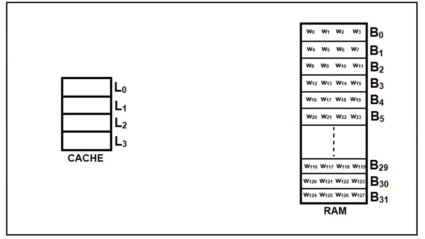Now let's understand how the processor will fetch a word from the cache with an example. Suppose the processor needs the W17 word. How will the processor fetch it from the cache? Here the total address length is 7 bits, so this is the 7-bit binary representation of 17.